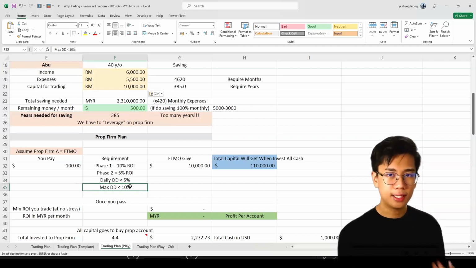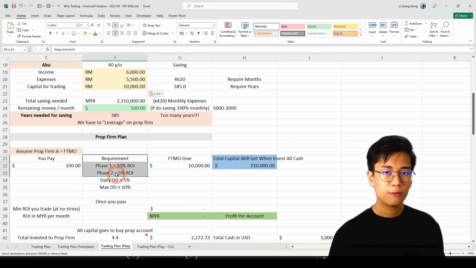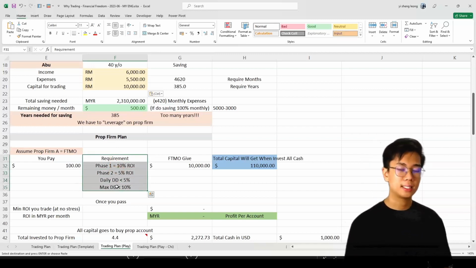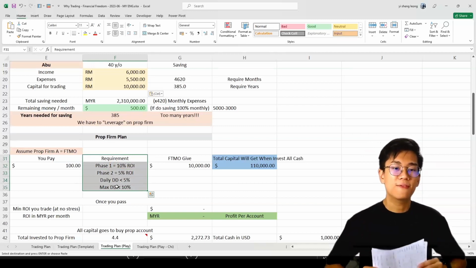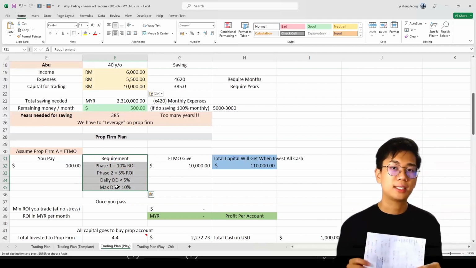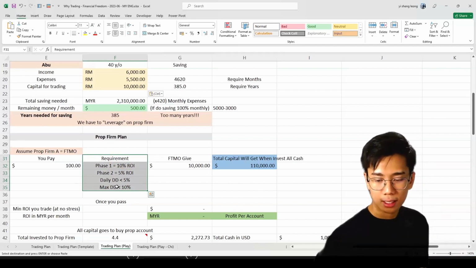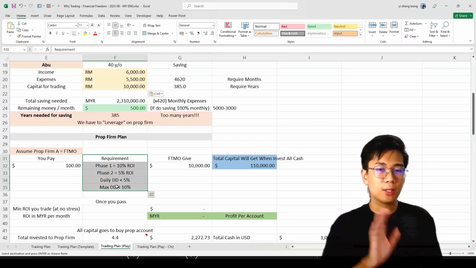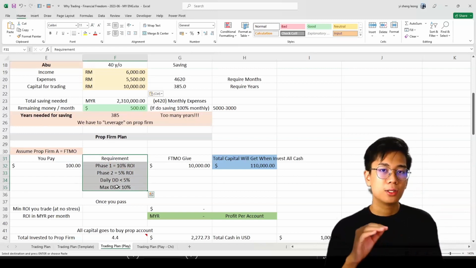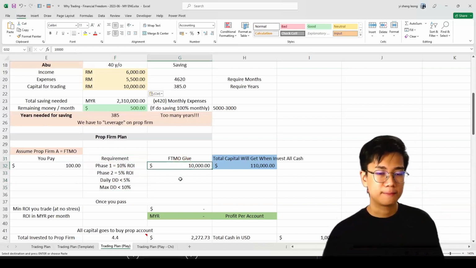If you can fulfill all these criteria, then this company will invest in you. They will give you the $10,000 live capital to do the trading. And bear in mind, this live capital is for you to do the trading. You cannot withdraw it. You just take this $10,000 to do the live trading.